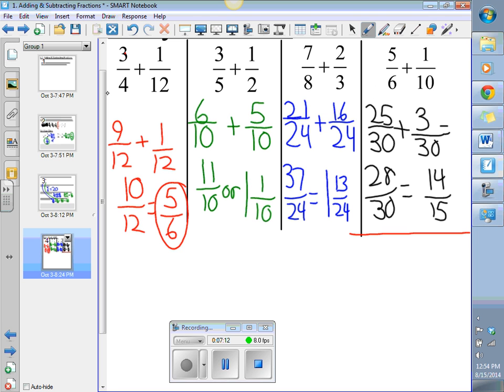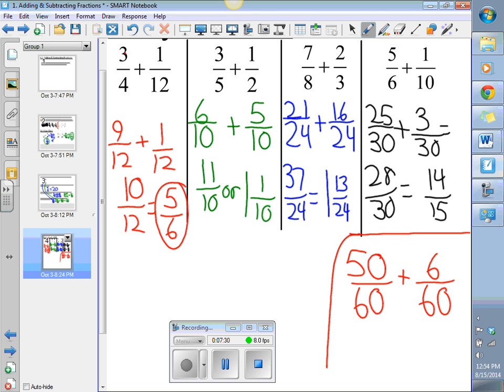Then we'll get 60 as a common denominator. Well, 6 times 10 gave us 60, so 5 times 10 is 50. 10 times 6 was 60, 1 times 6 is 6. Add them up, we get 56 over 60.